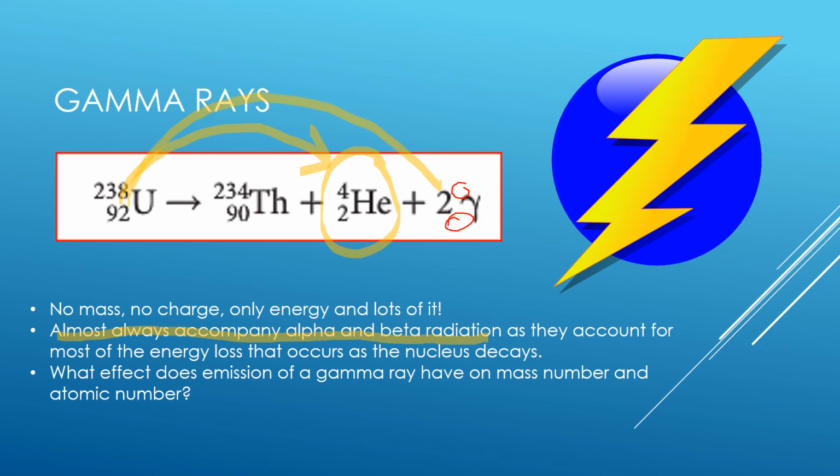It's also emitting 2 gamma rays. So gamma radiation typically accompanies alpha or beta radiation. What effect does the emission of a gamma ray have on mass number and atomic number? Well, if the mass number is 0 and the atomic number is 0, it has no effect on either one. The only thing gamma rays are is very high moving energy particles.